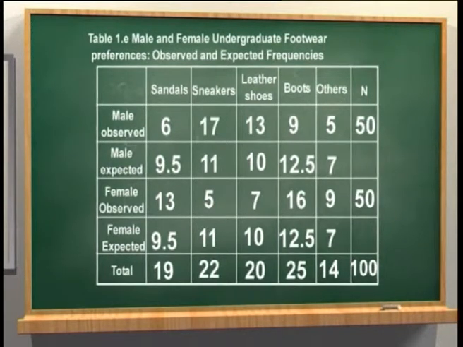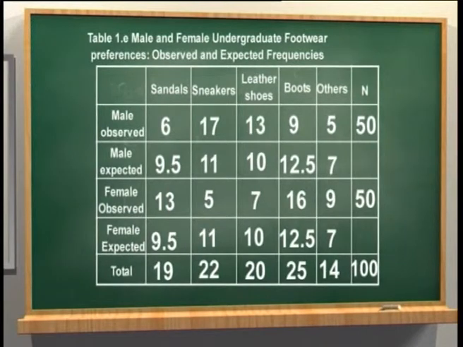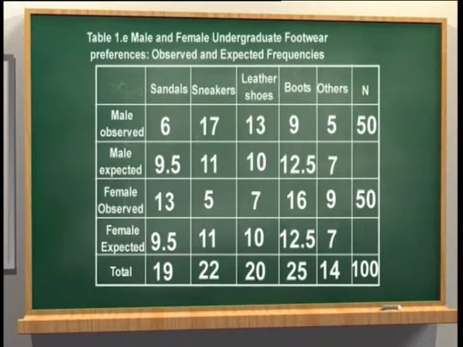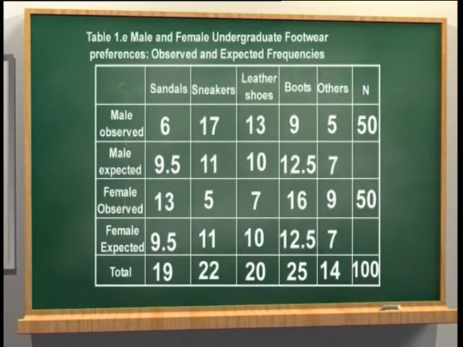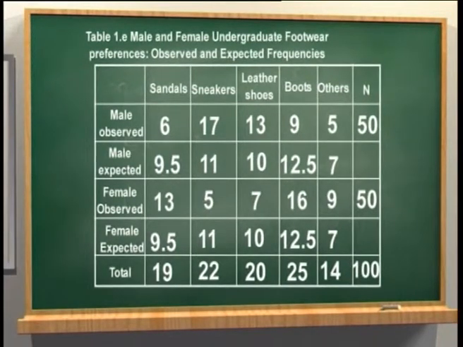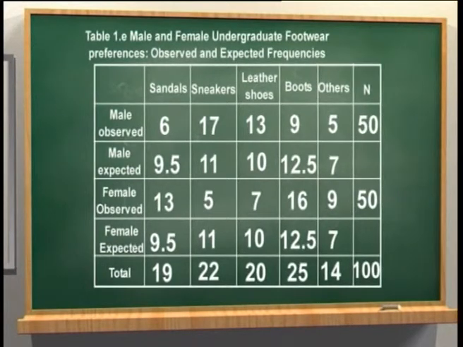So, to derive the expected frequency of the males who prefer sandals cell, we multiply the top row total, that is 50, by the first column total, that is 19, and divide that product by the sum total 100. That is, 50 times 19 divided by 100, which is 9.5.